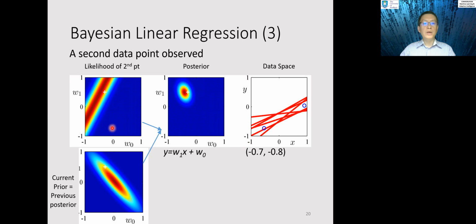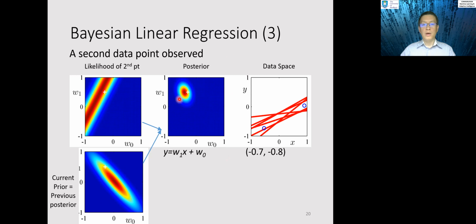Now we want to do Bayesian inference. We consider the current prior distribution, which is the previous posterior distribution. We multiply these two distributions, and we have the posterior distribution after observing two data points. So this is a new posterior.